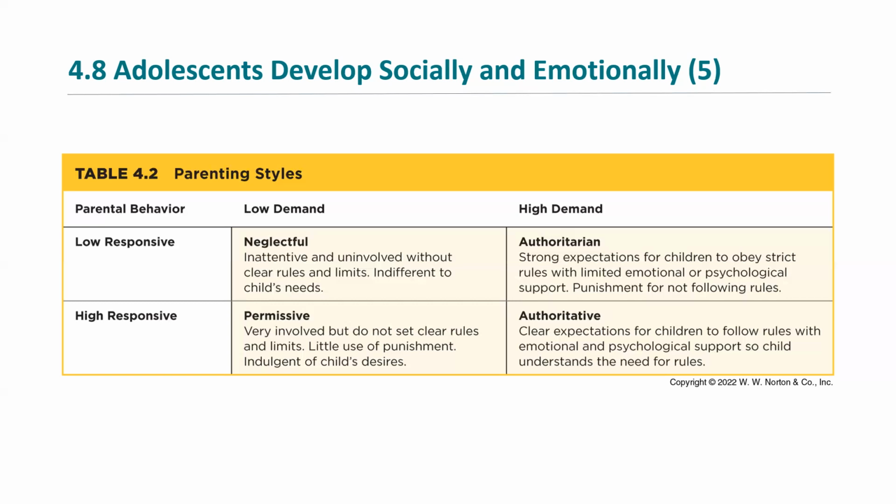So they learn that you're flexible, but you still maintain the rules. You typically aren't going to use any real strict punishments, but it's all about relationship maintenance. You're always there. You're always willing to talk to them.